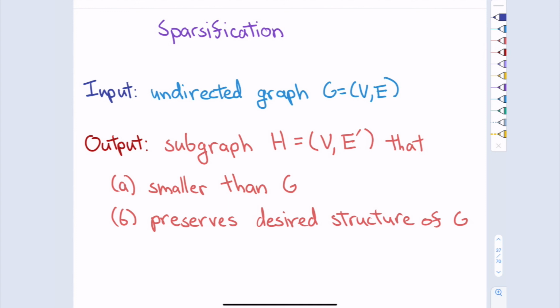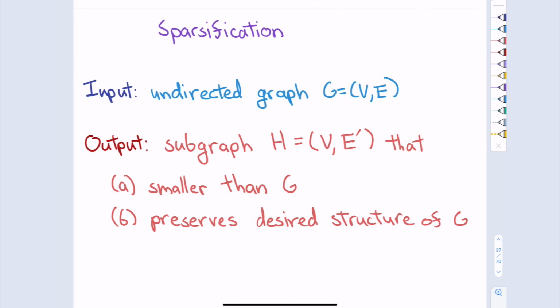Too big to do much computation with. What we'd like to do is, for some problem of interest, find a much smaller graph H, one with much fewer edges, to somehow preserve some structure for the sake of some problem I'm interested in.